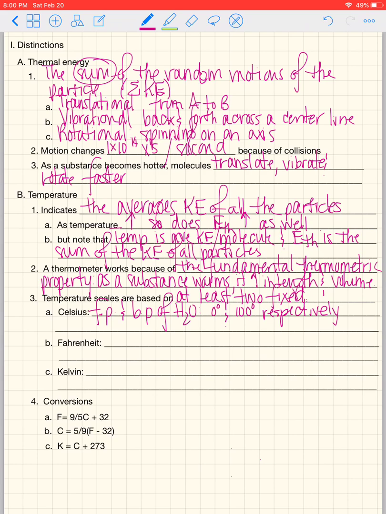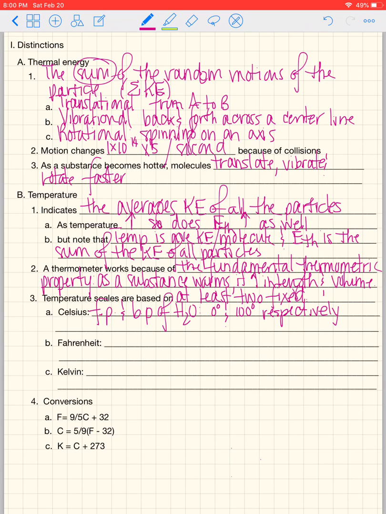And you mark that on the thermometer. You make a little hash mark. Then you take the thermometer out and put it in boiling water. You let the mercury rise until it hits the very highest it's going to get while it's boiling, and you mark that point as well.